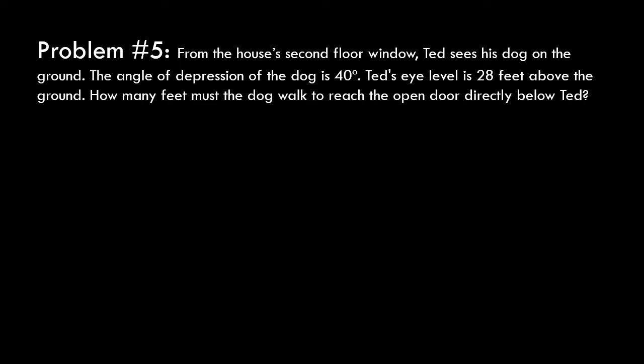So in the first 4 problems that we tackled, we were dealing with the angle of elevation, which means that the object or the point of view is on the ground. However, in this final problem, we are dealing with the angle of depression, which means that the object or the point of view is up above.